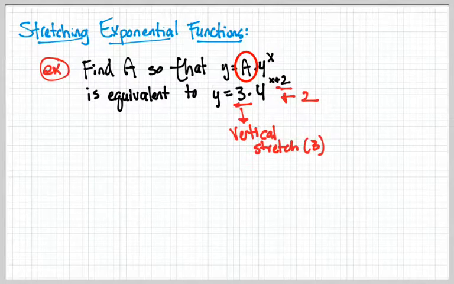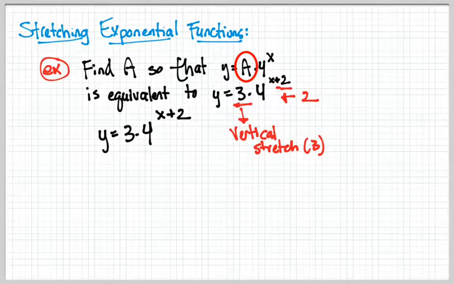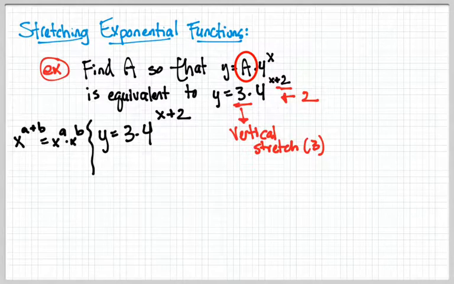So we'll go ahead and rewrite this function, y equals 3 times 4 to the x plus 2. And if you remember this rule of exponents, x to the a plus b equals x to the a times x to the b, we can apply that to this base of 4.